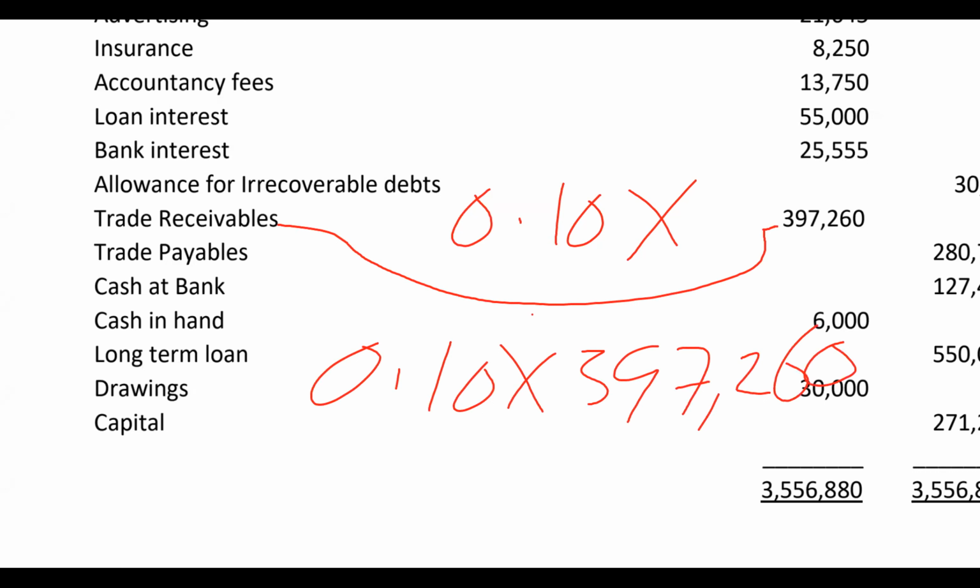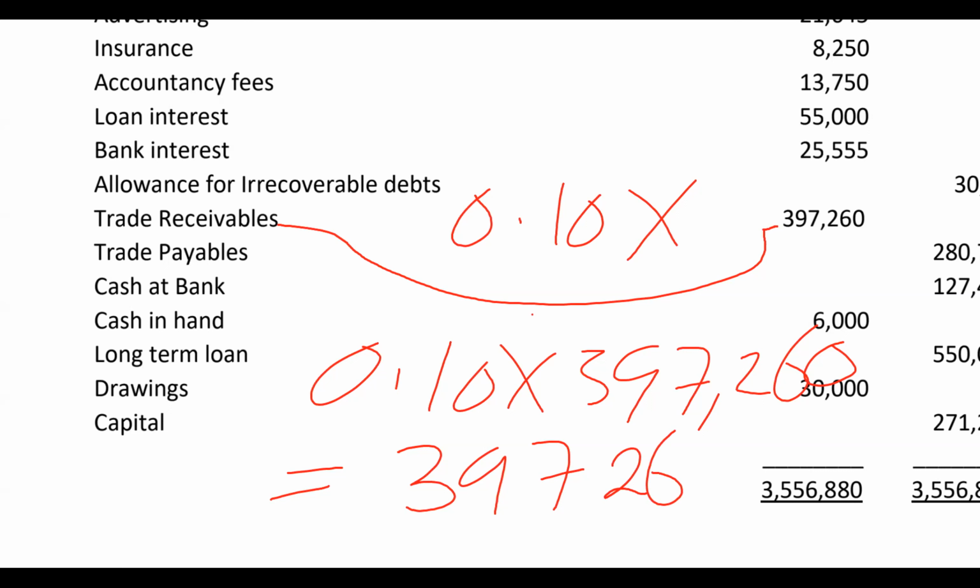When you multiply that, this is the allowance for irrecoverable debt. How much is it? This is 39,726.